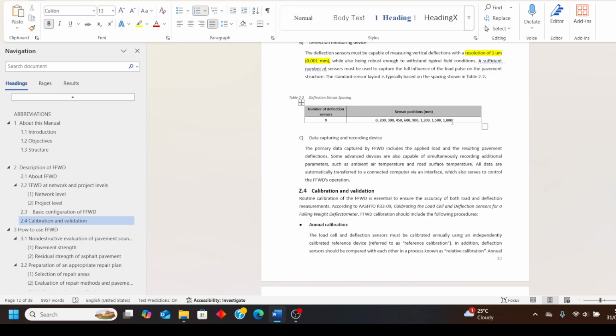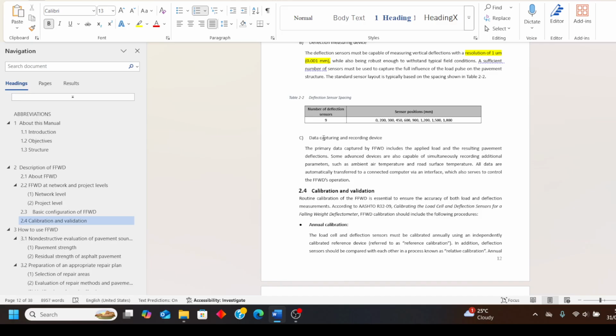Now the last part of FFWD is the data capturing and recording device. What it captures is the applied load, the deflection values, and additionally the ambient air temperature or the surface temperature. How it works is that the data is sent instantly to a connected computer, which stores the raw data and applies the automatic corrections.